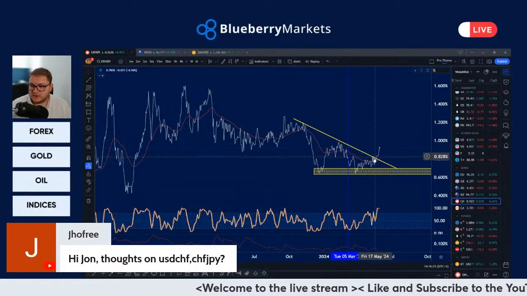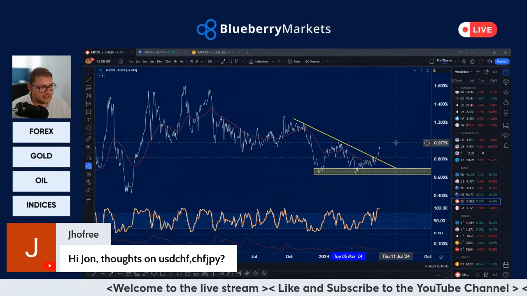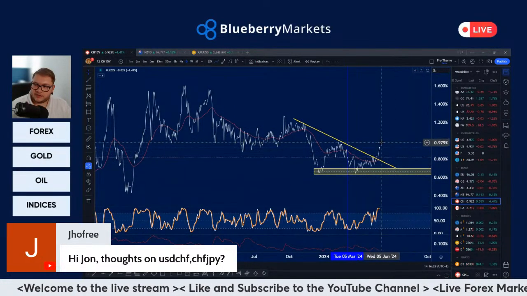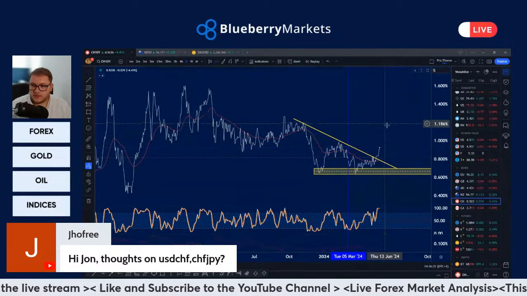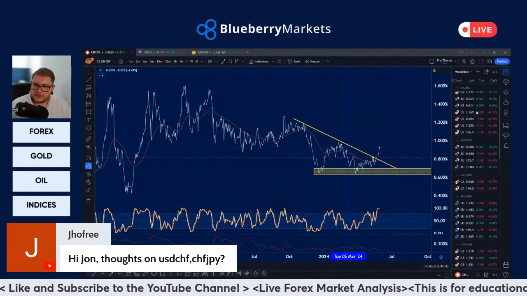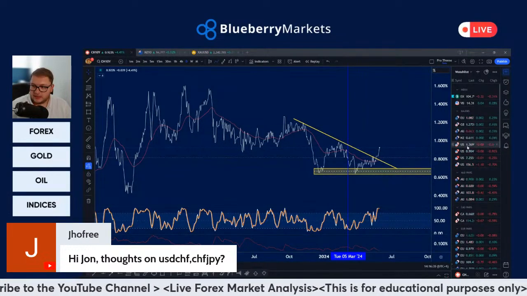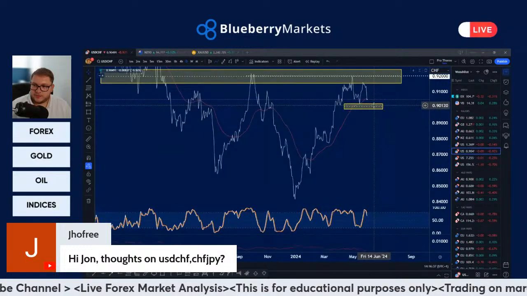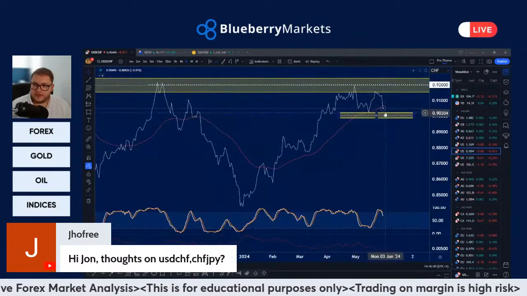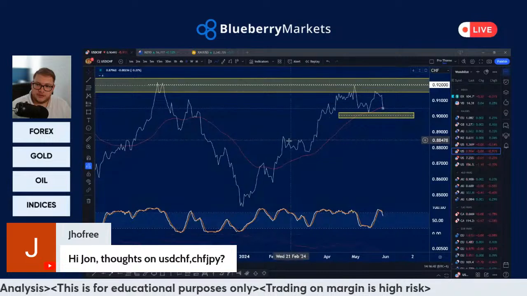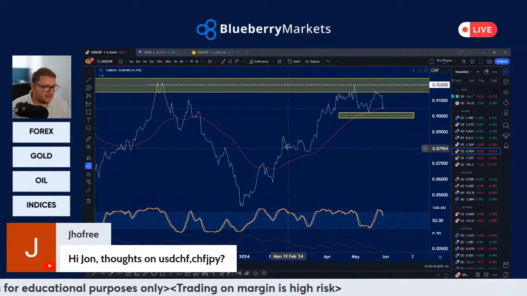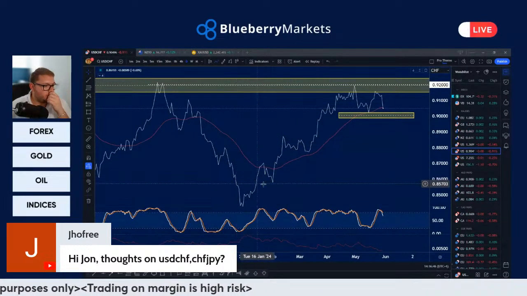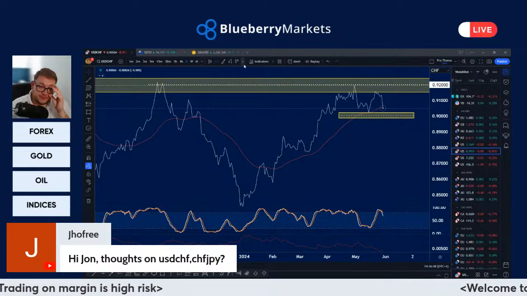It tells us that potentially the Swiss franc is going to get stronger. And if the Swiss franc is going to get stronger, then we could be looking to see dollar Swiss continue to the downside, especially in the near term, with potential for the market to breach this 0.9 handle and then come down to these levels below. Hopefully that makes sense, Geoffrey.